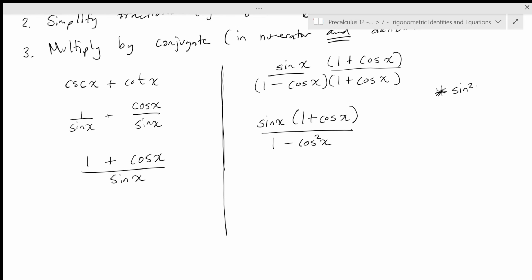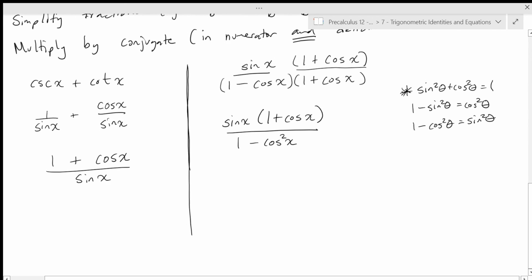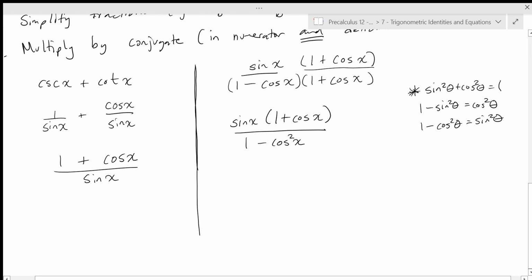So we know that sine squared theta plus cosine squared theta equals 1, but that also means 1 minus sine squared theta equals cosine squared theta, and 1 minus cosine squared theta equals sine squared theta. So identities are still identities if you manipulate what side the different variables are on. So the one I see here is a 1 minus cosine squared theta. So I can replace that with a sine squared theta, and that's a single term.